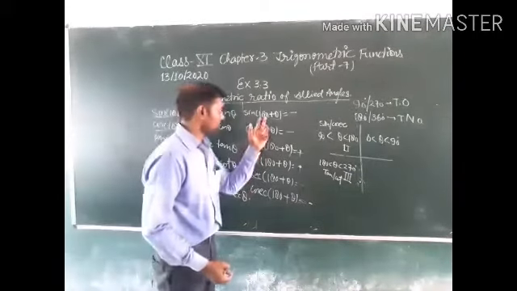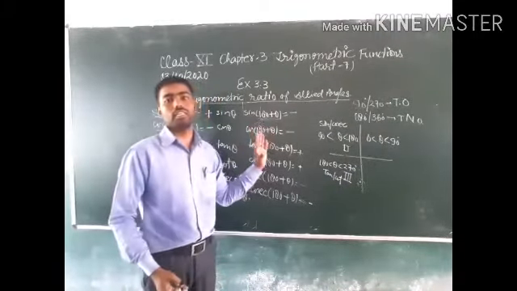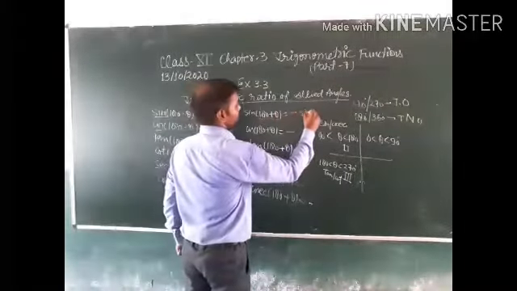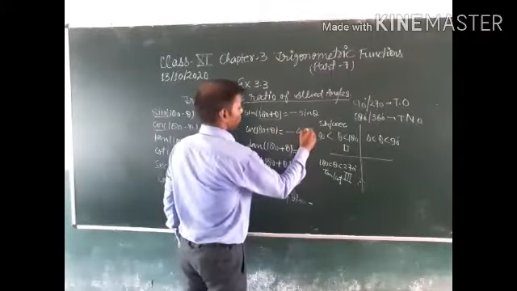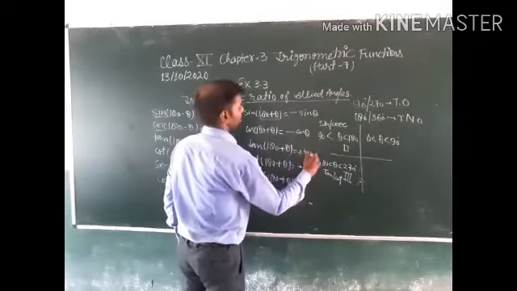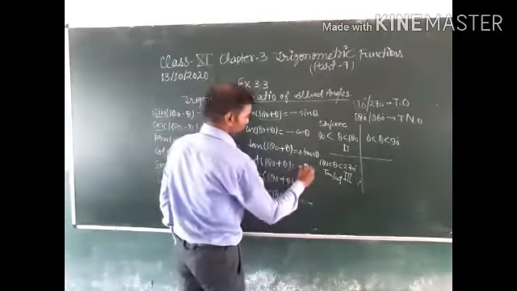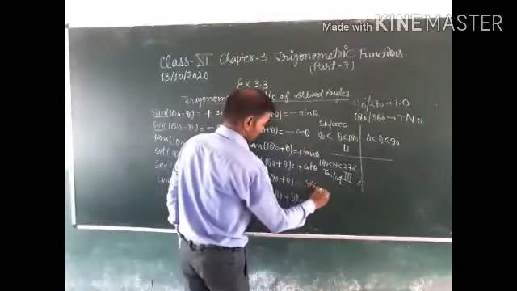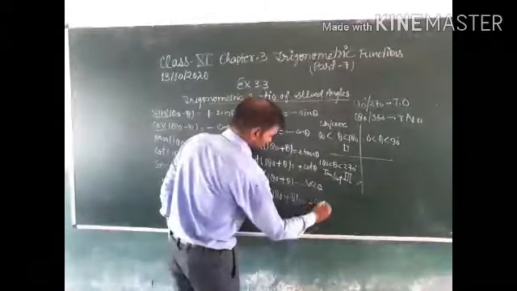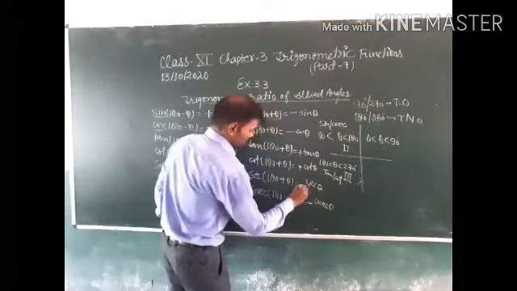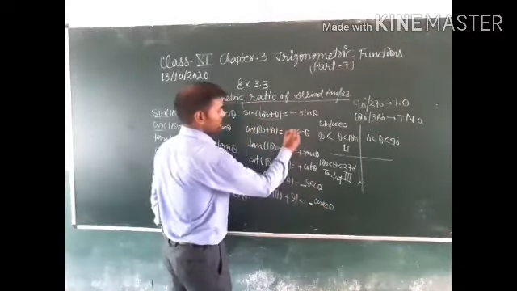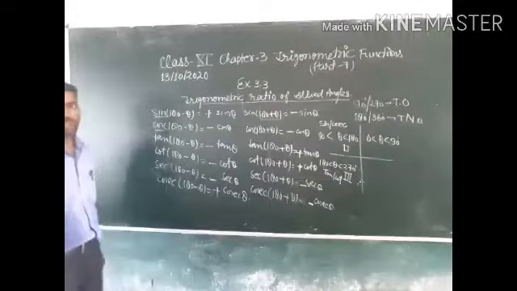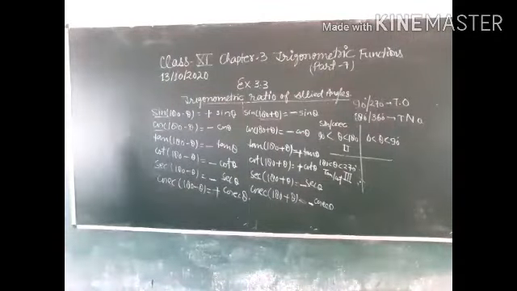You can see easily this is 180 degree, so transformation does not occur. So you can easily write sin theta, cos theta, tan theta, cot theta, sec theta, and cosec theta. This is minus, this is also minus, this is minus, this is plus, and this is also plus. So to proceed further, please pause the video and note it down.